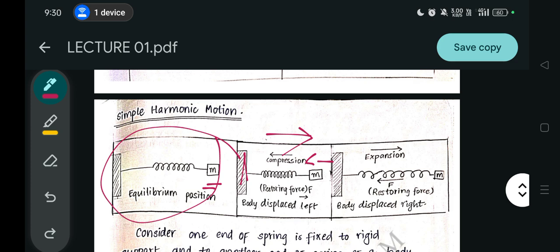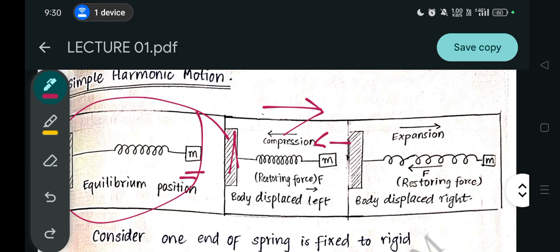In the second diagram, we have pushed the mass towards the rigid support, hence the restoring force will act opposite to the applied force. And in the third diagram, due to the restoring force, the spring will expand and this time the restoring force will be towards the rigid support.